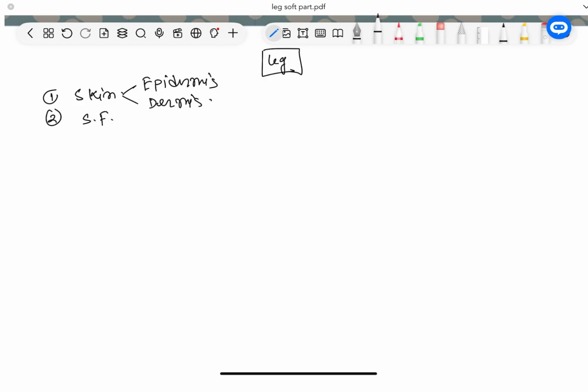After that, superficial fascia, I am writing in shortcut. In the leg also the superficial fascia has some contents. What are the contents? We are going to get vein, nerve, and sometimes we also get artery and lymph. So here also we get such structures in the superficial fascia.